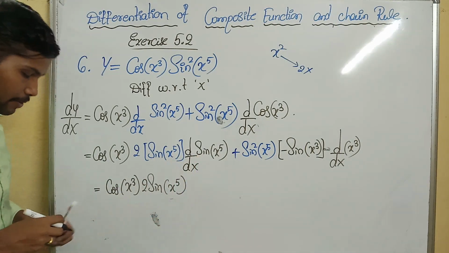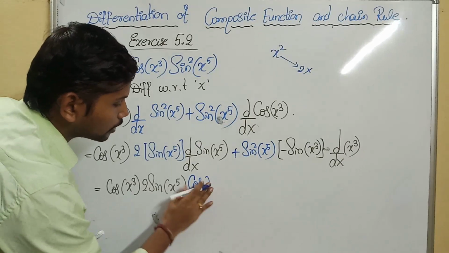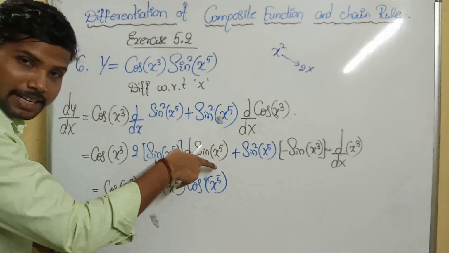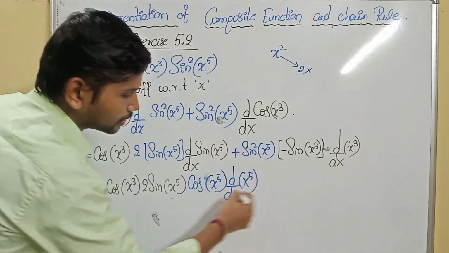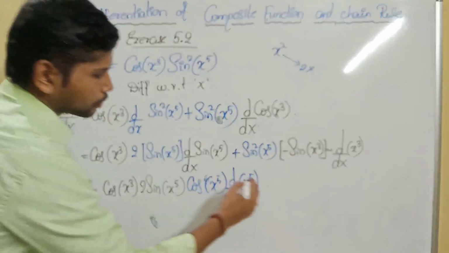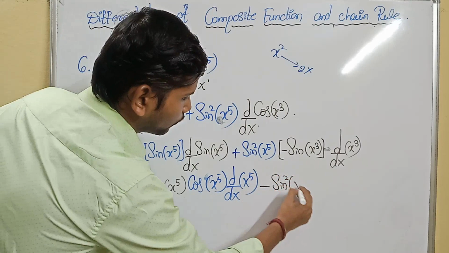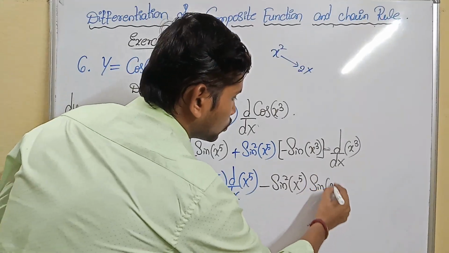What is the sine derivative now? Yes, the sine derivative will be cos of x raised to 5. Sine derivative is over. Now the angle is left over. I need to write the angle derivative d by dx of x raised to 5. Whether you understood? It will be totally minus sine square of x raised to 5, sine of x to the power 3.